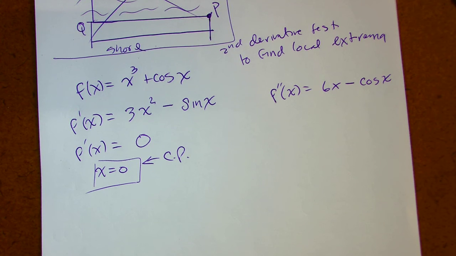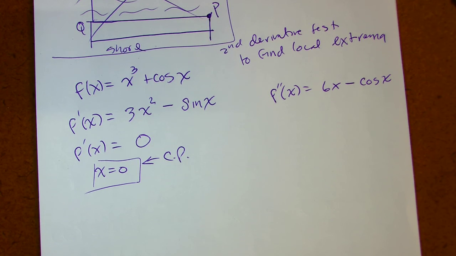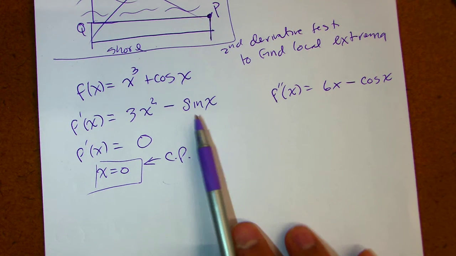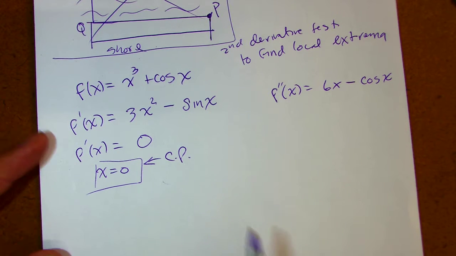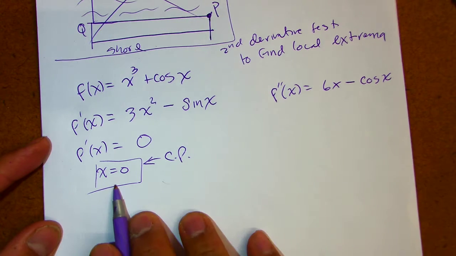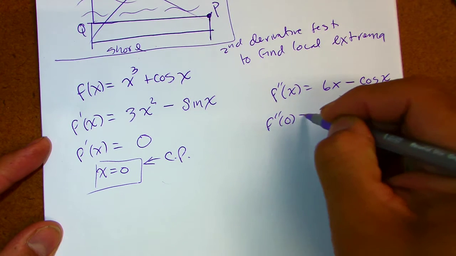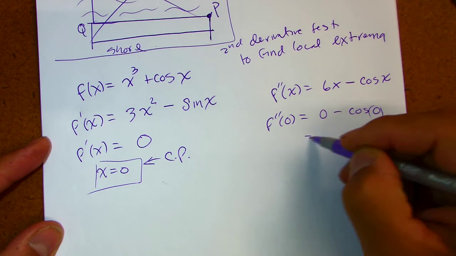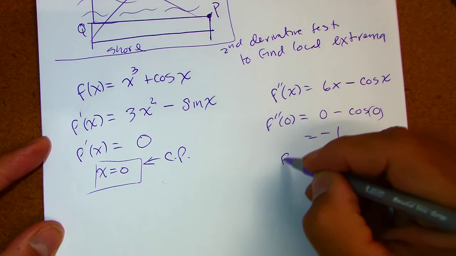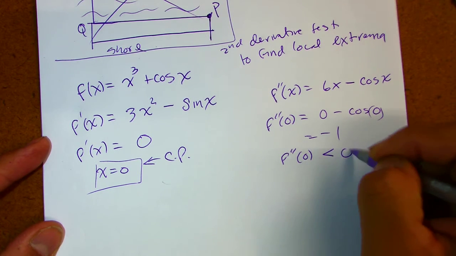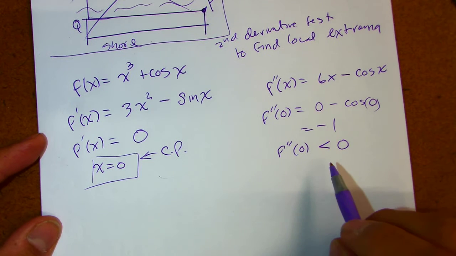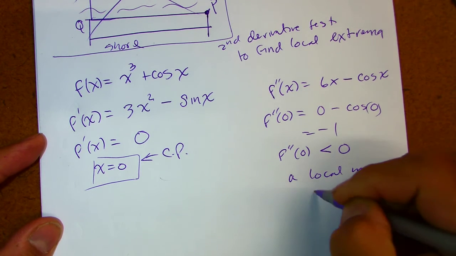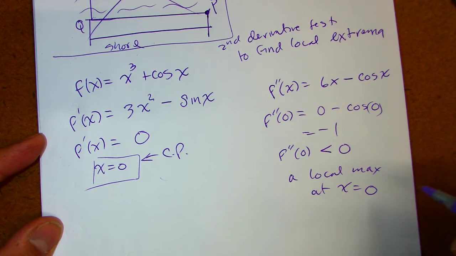All right, that came just from inspection, just looking at this function. I said, all right, 0 is going to work. Now, f double prime of 0, we'll get a -1. So my second derivative at 0 is negative, which means that I have here a local max at x equals 0.